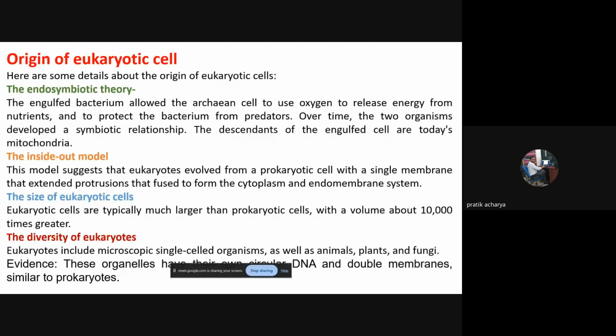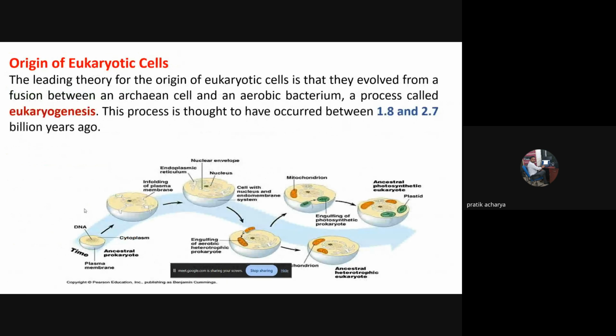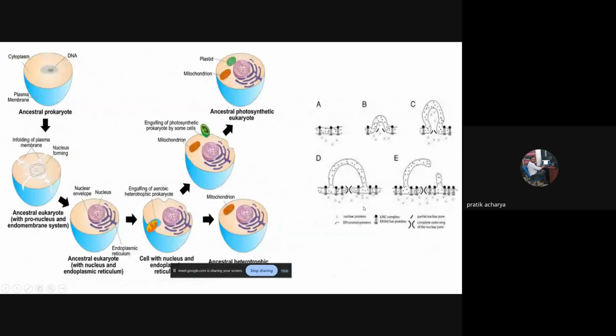So for the analysis, we can explain certain steps that an ancestral archaeon forms blebs or arms.